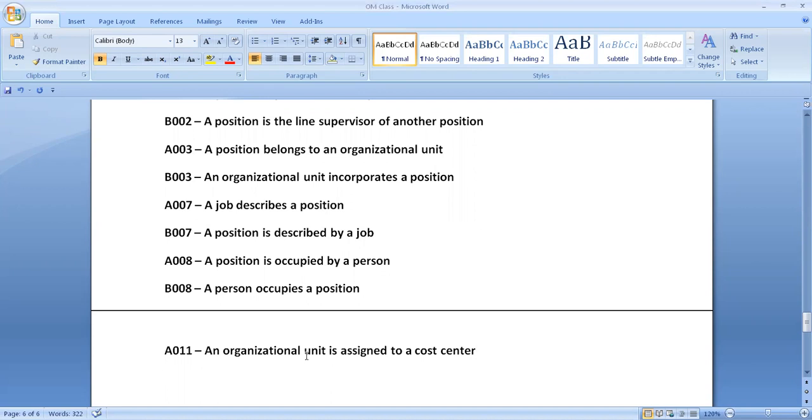I can again use the A011 relationship. A position is assigned to a cost center.